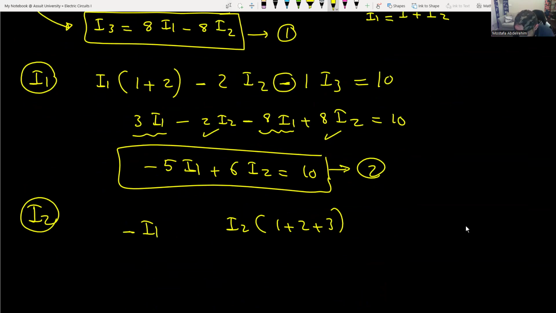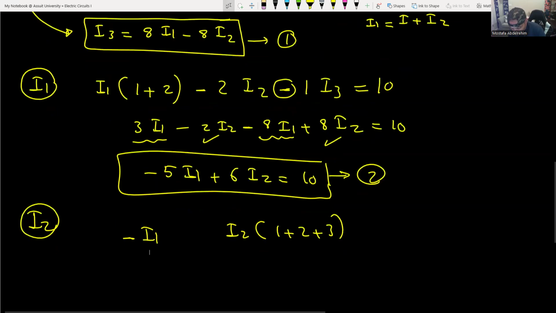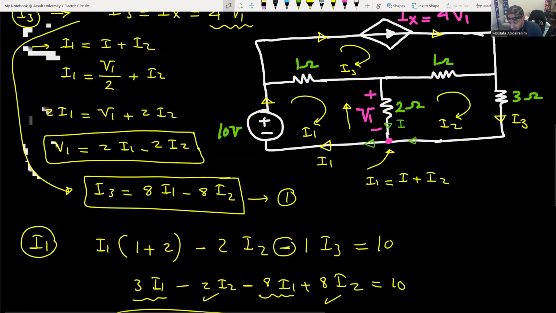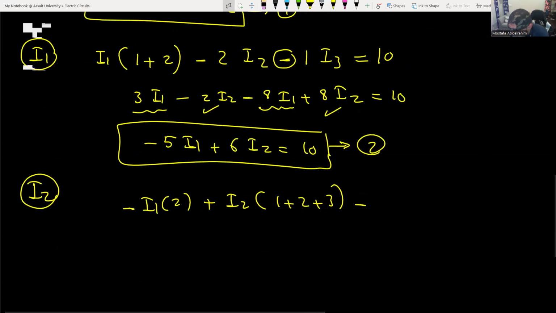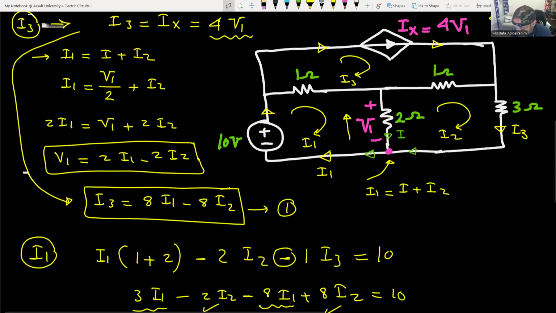Minus I1 multiplied by the common resistance between mesh 1 and mesh 2, which is 2. Minus I3 multiplied by the common resistance, which is 1 ohm, so 1 I3, equal to 0, because there are no voltage sources or batteries here in mesh 2.